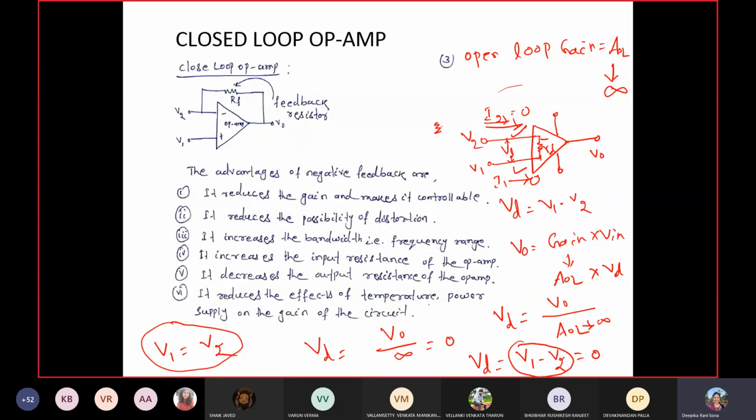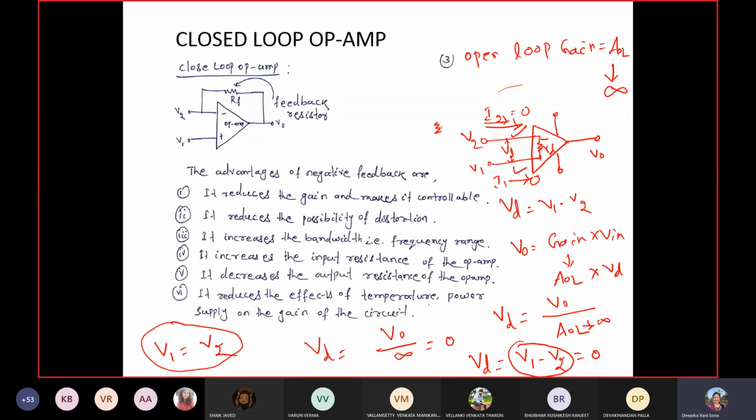So what are the advantages of negative feedback? Here it is summarized. It reduces the gain and makes it controllable. It reduces the possibility of distortion, then increases the bandwidth and frequency range. Then what are the requirements for the ideal op-amp? Input impedance should be high and output impedance should be low. Negative feedback will help to make those parameters meet the ideal characteristic criteria nearly.